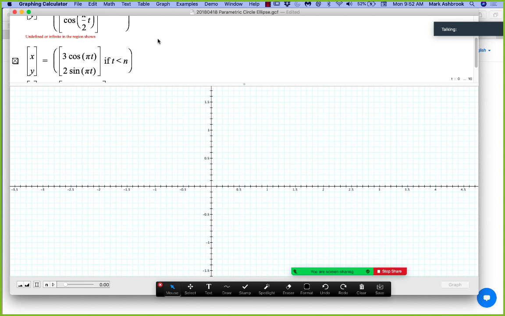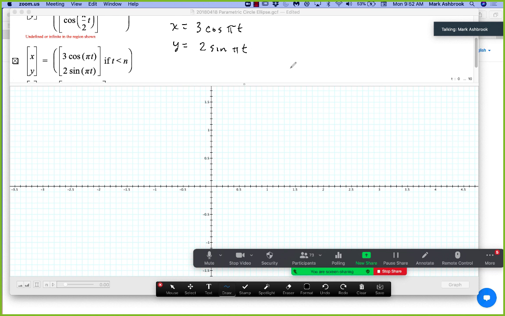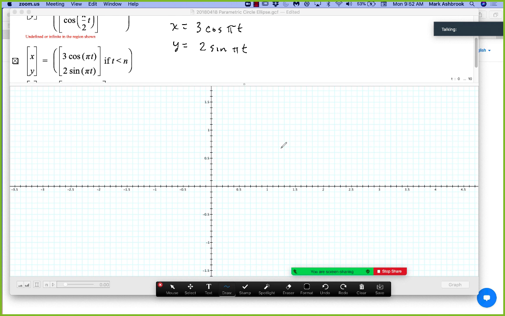Here, x is 3 cosine pi t, and y equals 2 sine pi t. Okay, so we want to sketch this.